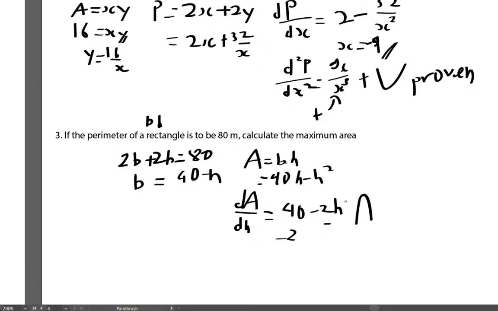This means the maximum, which means that h must equal 20 to make this equal to 0. That means it's 800 minus 400, which is 400. That's the answer of this problem. Good.